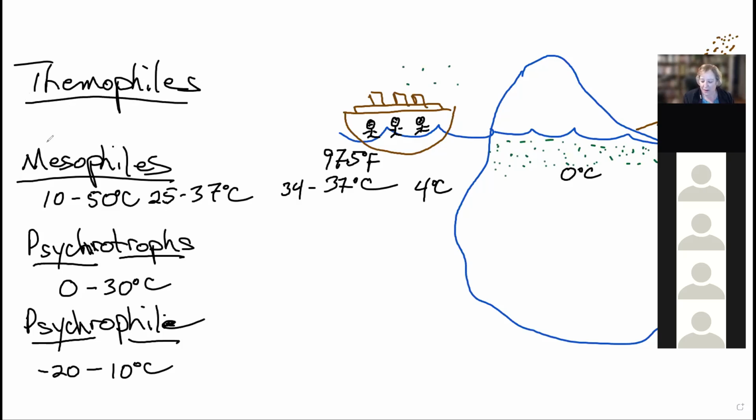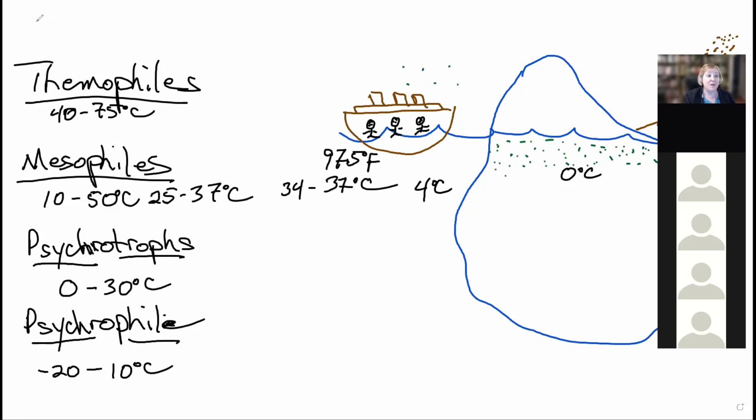And the range for that one is 40 to 75 degrees C. In Celsius, water boils at 100. So these guys like it hot. They generally are not human pathogens because we are just a little too cold for them. So if they got inside of us, they would just go into dormancy, into hibernation until things warm up.